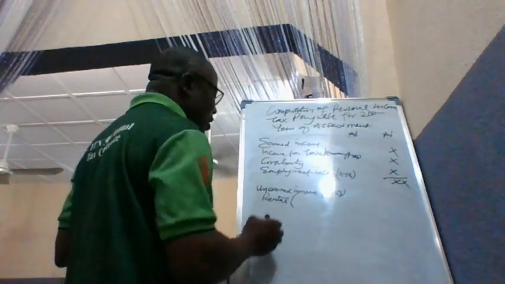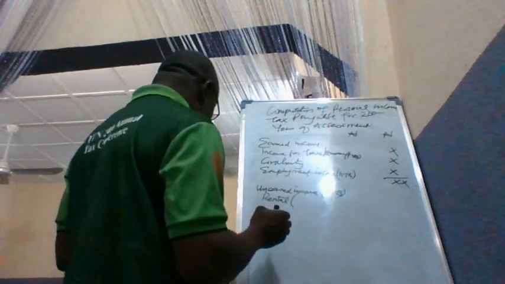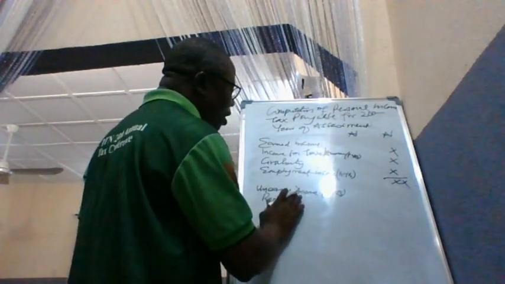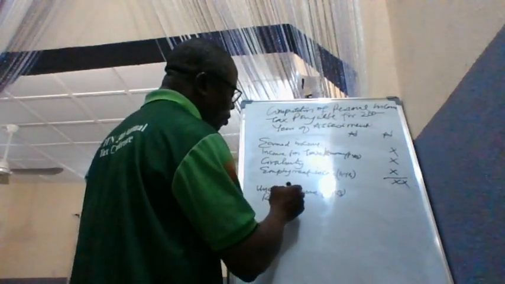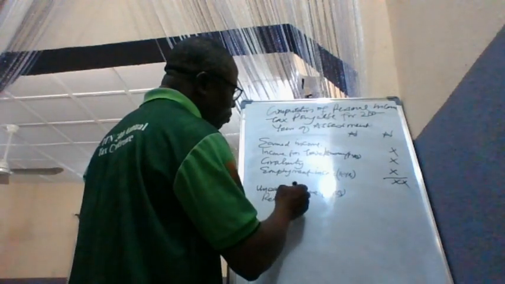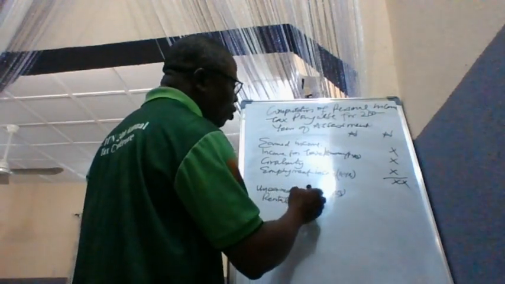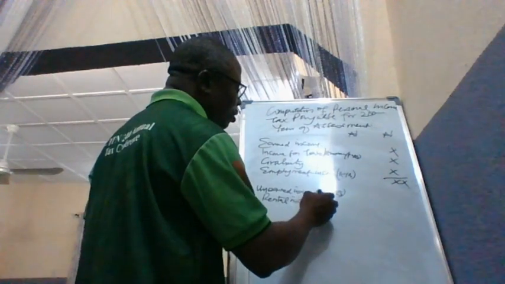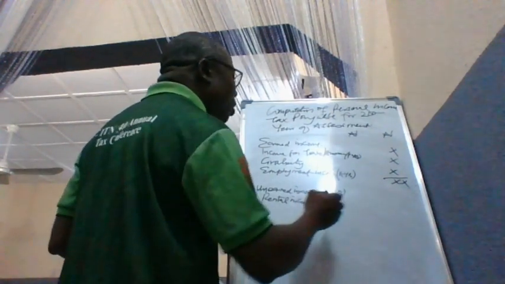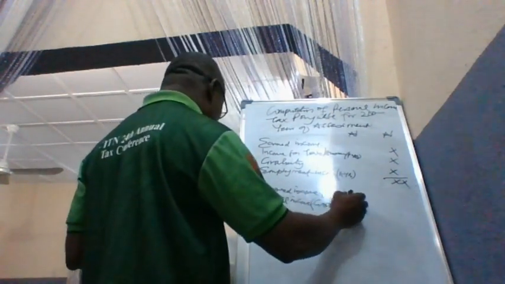Don't forget that this rental income received should be on the gross. Rental income, this should be on the gross income. Bring it here.